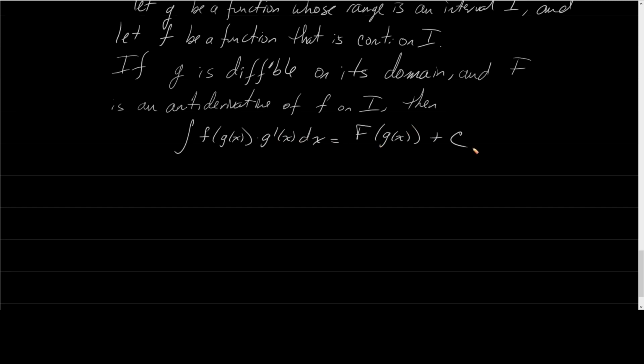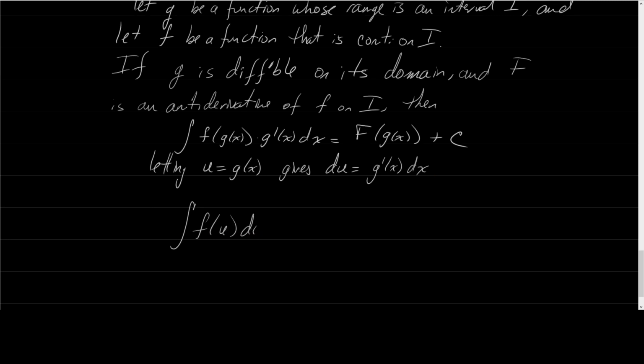All right. Letting u be equal to g of x gives the differential du be g prime of x dx, and we end up with the integral of f of u du, right?